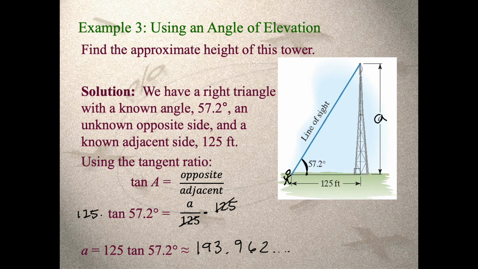So if you round to the nearest whole number, notice that the next digit is a 9. So instead of leaving it at a 3, we're going to raise it to approximately 194, and our units this time are feet. So that tower is approximately 194 feet tall.